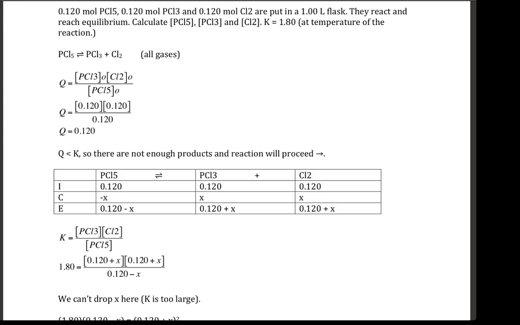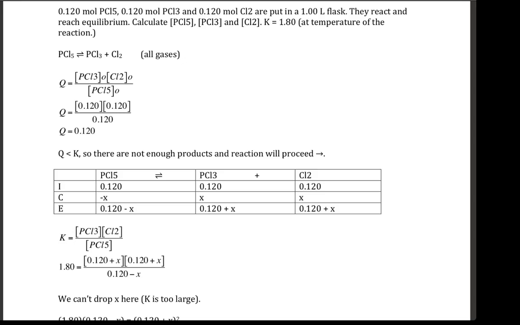So we have 0.120 times 0.120 divided by 0.120. Q comes out to be 0.120. It is less than K, so the reaction proceeds to the right. So in making our ICE table, we know that the reactant, PCl5, is the negative x, and the products are the positive values of x.